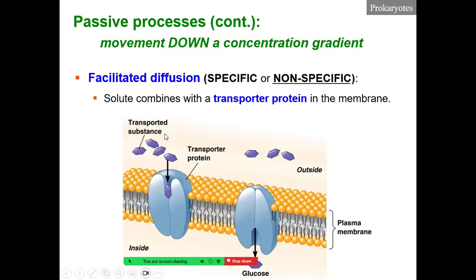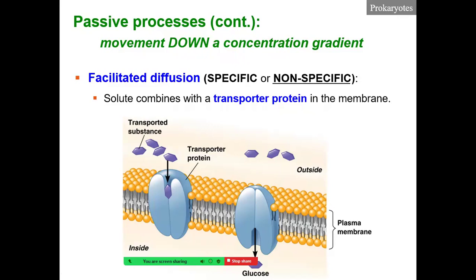However, when the glucose concentration outside the cell equals the glucose concentration inside the cell, this transporter protein will change from facilitated diffusion to active transport, and then it'll act like a transport protein, pumping the glucose from areas of low concentration outside the cell to areas of high concentration inside the cell.